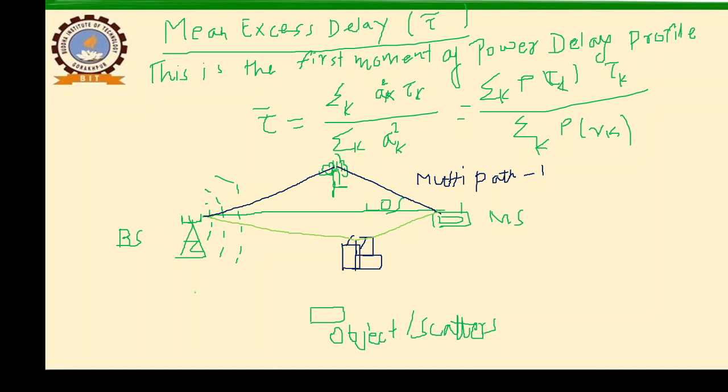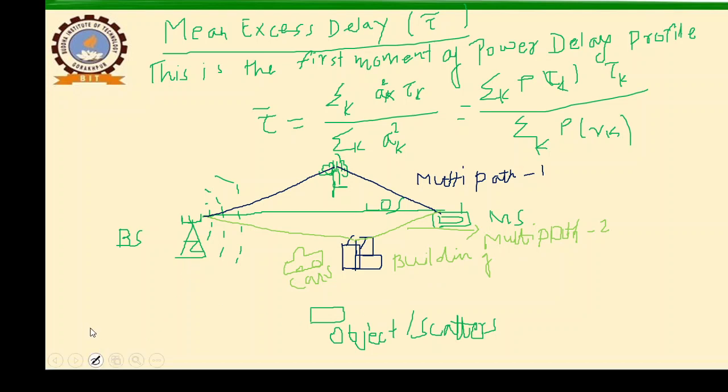This is a building. There is one more thing, a car. This is multipath 2.